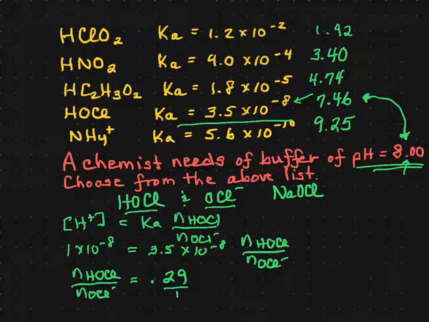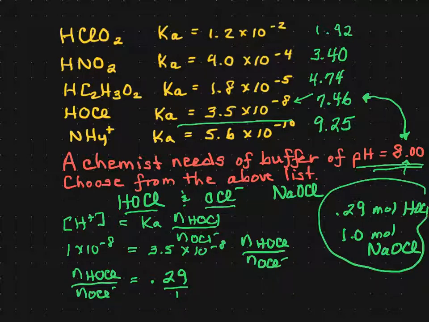So if we were to take 0.29 moles of our acid and 1 mole of our base and add it to any reasonable amount of water, we would have a buffer system whose pH is 8.